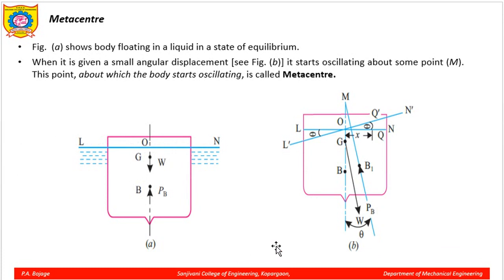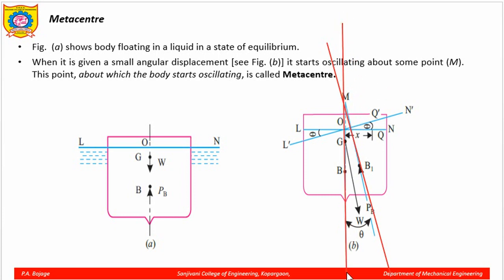So the tilted position of the body is here. This axis and this vertical axis, that is the initial axis.